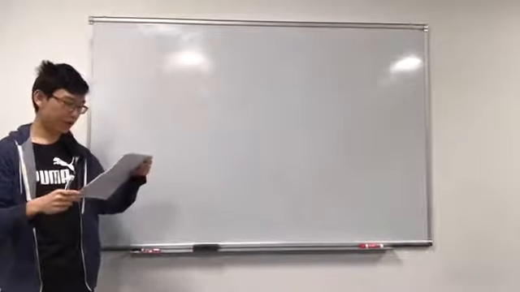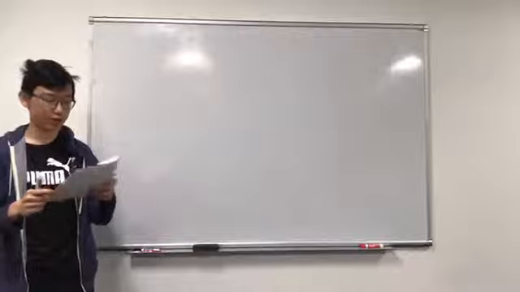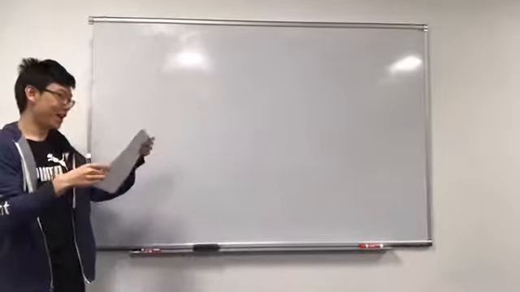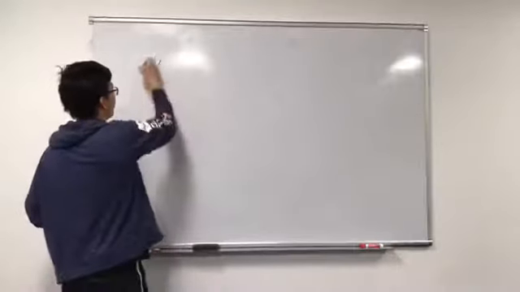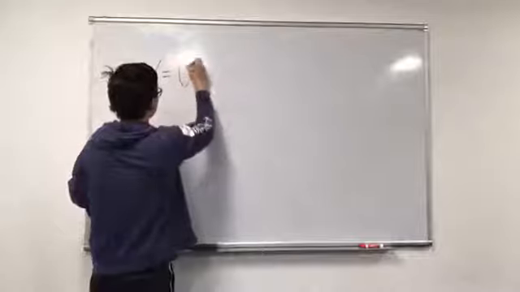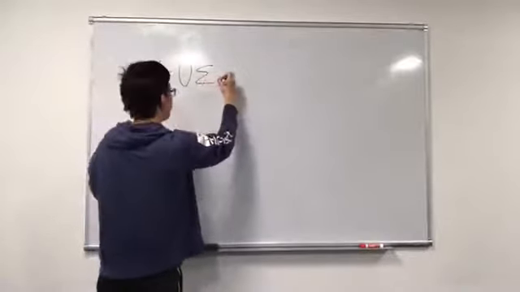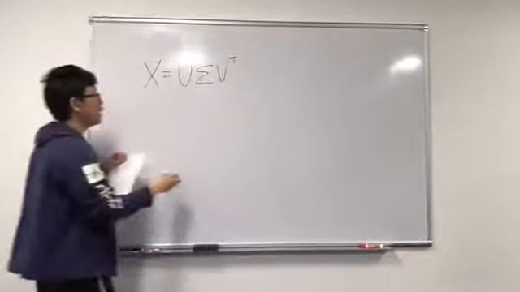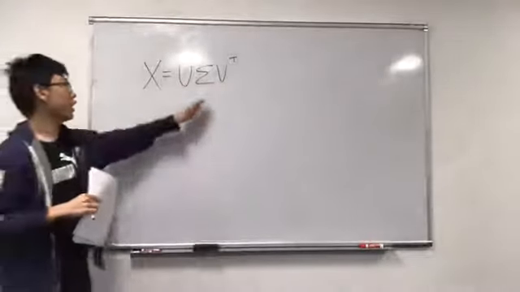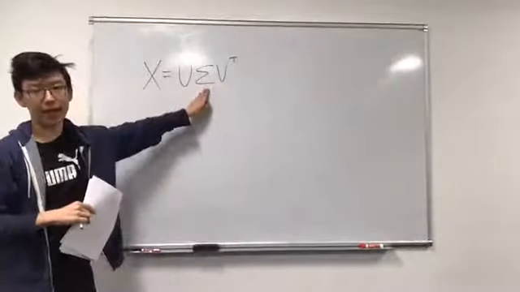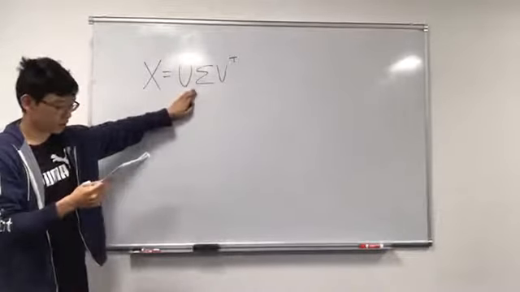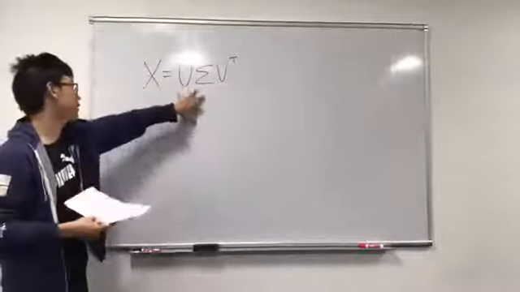Let's go through the most general form first. That's the singular value decomposition. That's just a decomposition of a matrix, let's say X, into U sigma V^T, where U and V are orthogonal, and sigma is just a diagonal matrix. This is also like the orthogonal decomposition, and PCA is how you get it.